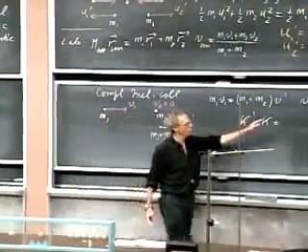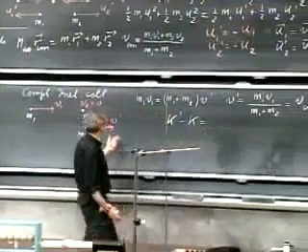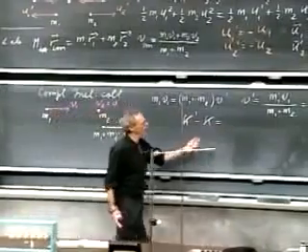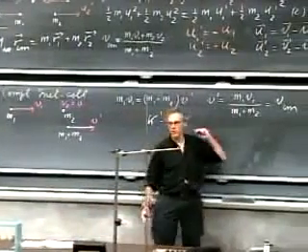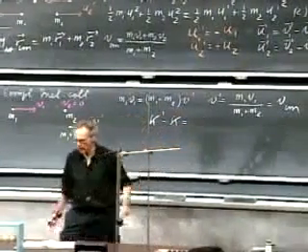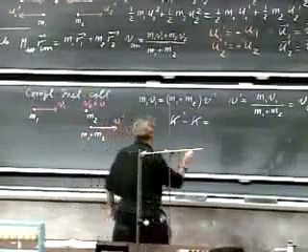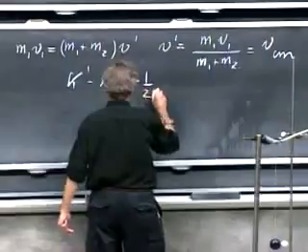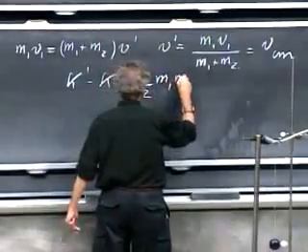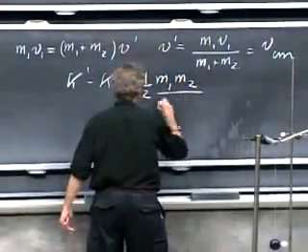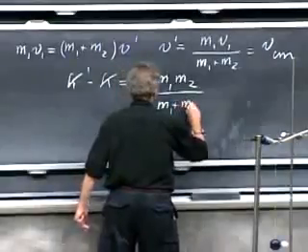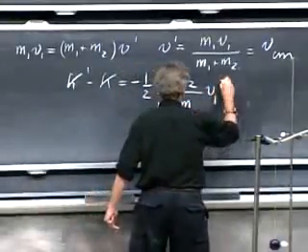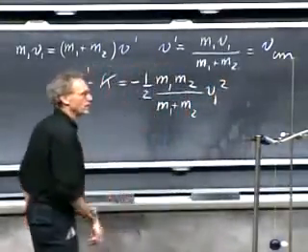I calculated V prime, and so you have to take half this mass, multiply it by this velocity squared. I'm sure you can do that, and you will see that this equals, after massaging the algebra a little bit, minus 1/2 m1 m2 divided by m1 plus m2 times v1 squared. That's what you will find.